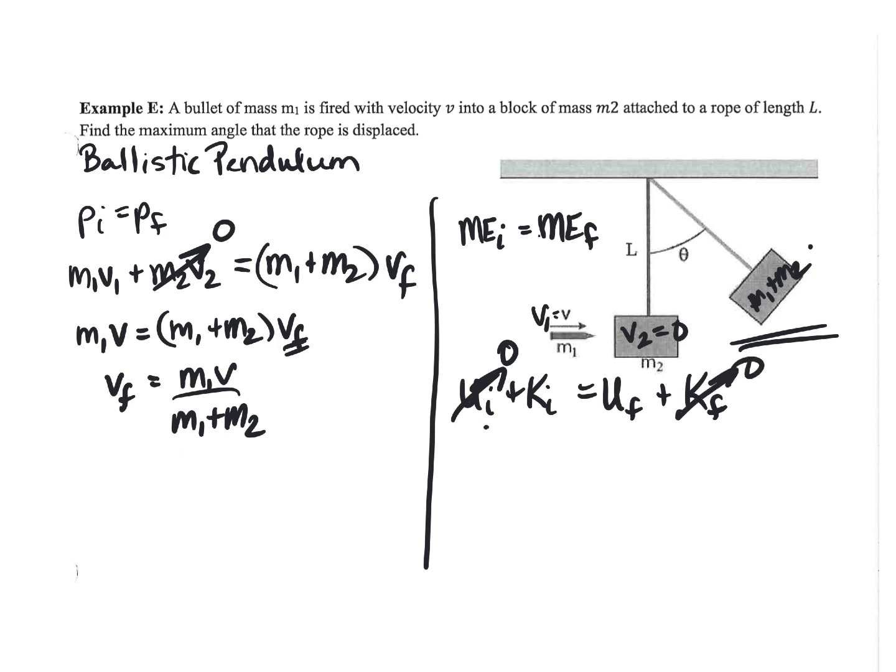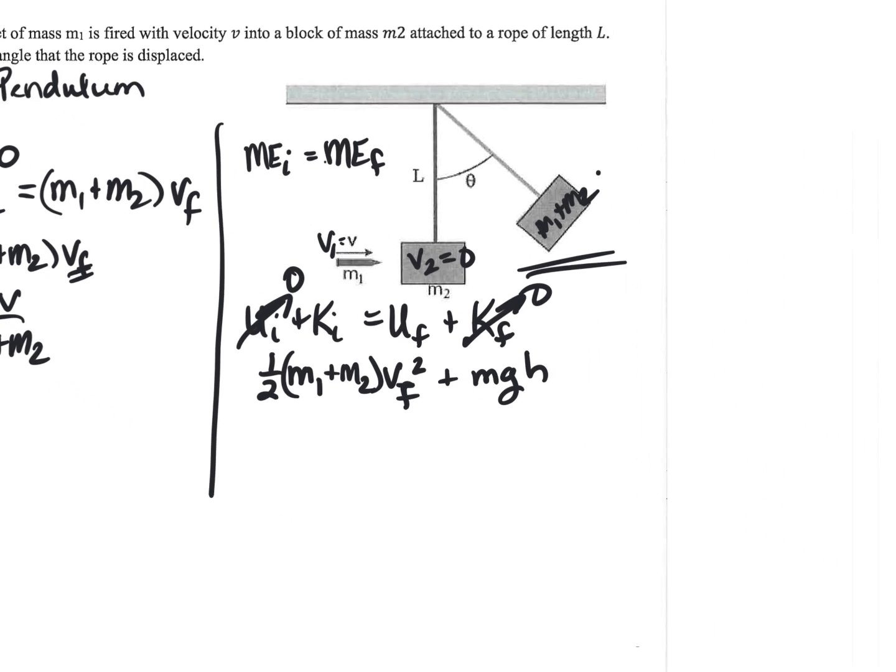So I know this is going to be 1/2 (M1 plus M2) V final squared, right? Because didn't we just say that's what this was? Plus M G H. We got to find out what H is.